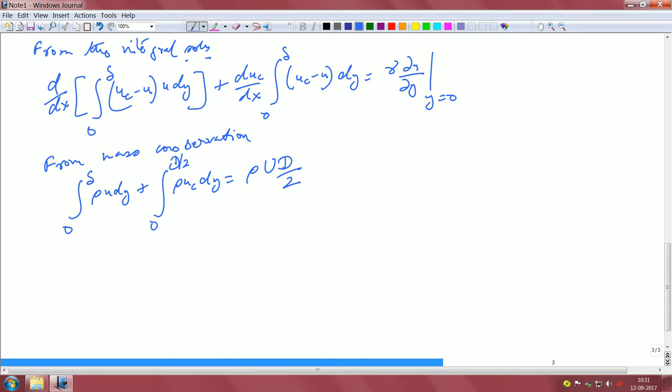Try to understand this particular expression at any point in the entrance length. The total mass is given by this. This is the mass that is entering inside the duct. So, that is rho u d by u, and u is constant. So, this is the total mass that you are flushing in. Now, inside the boundary layer it will be rho u into dy, just outside the boundary layer it is rho uc into dy. So, when these two terms are added they should give you the final expression. So, this is the conservation of mass, there is no ambiguity in this.